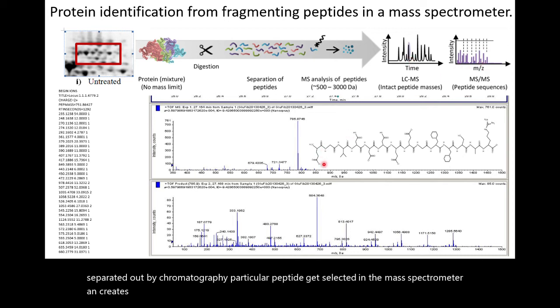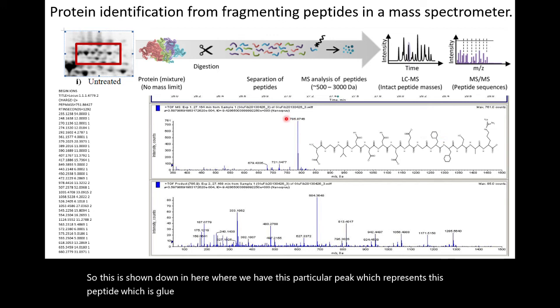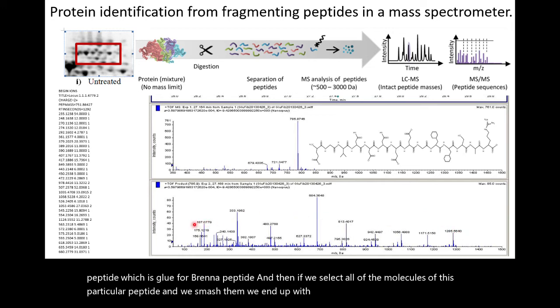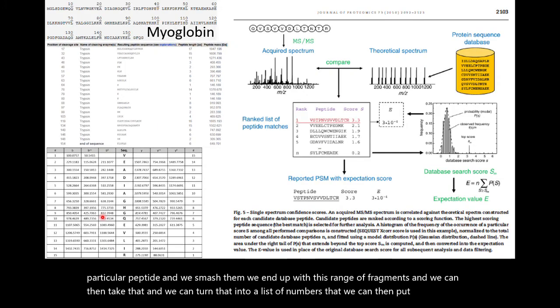This is shown down in here, where we have this particular peak, which represents this peptide, which is glufibrinopeptide. If we select all of the molecules of this particular peptide and we smash them, we end up with this range of fragments. We can then take that and turn it into a list of numbers that we can put into database search engines.